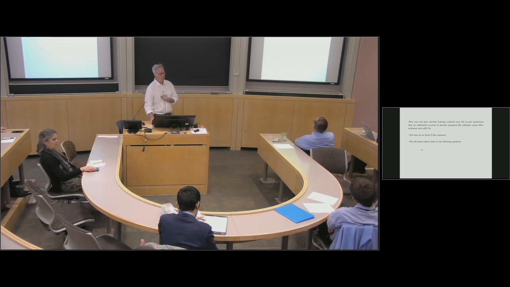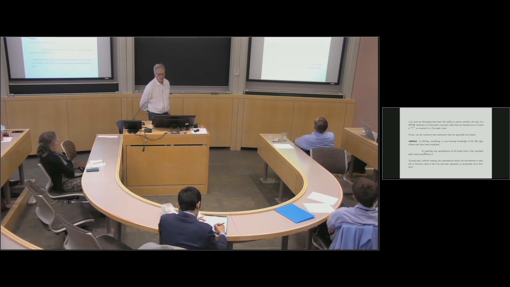This discussion leads to the following questions. Can tests be developed that detect whether the bias of a doubly robust machine learning (DRML) estimator is of the same or greater order than its standard error, of order 1 over the square root of n, so that nominal 1 minus alpha, 95%, confidence intervals cover correctly at their nominal rate?